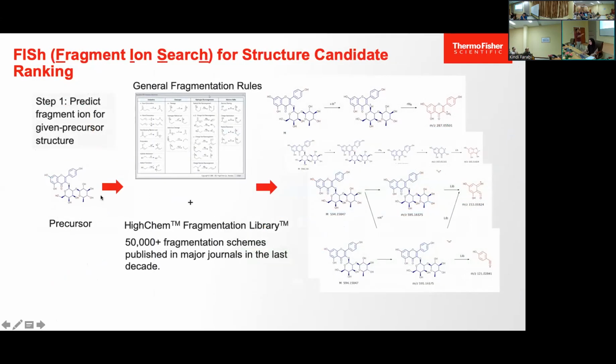It will do a precursor fragmentation. We call it fragment ion search. When you do a precursor fragmentation, this is theoretical. Just like the organic chemistry that we learned, it will be a theoretical fragmentation, and it predicts the fragment ion based on the precursor.